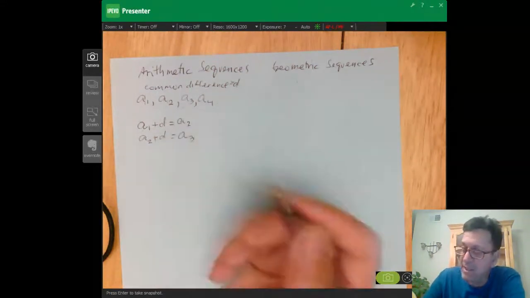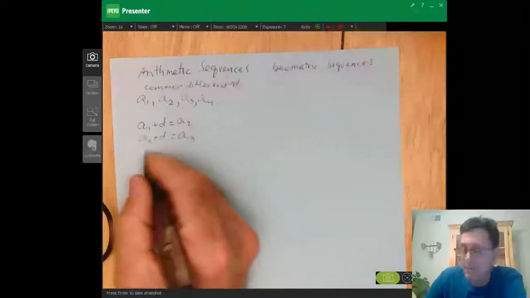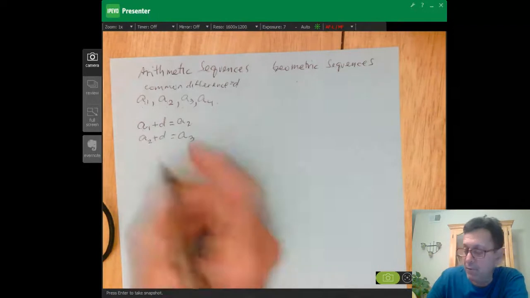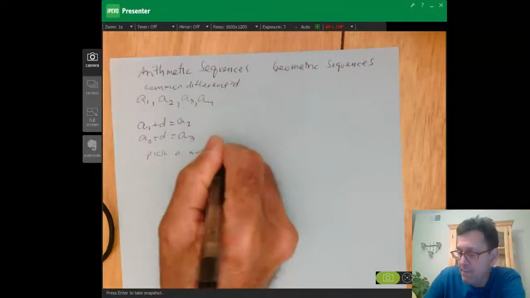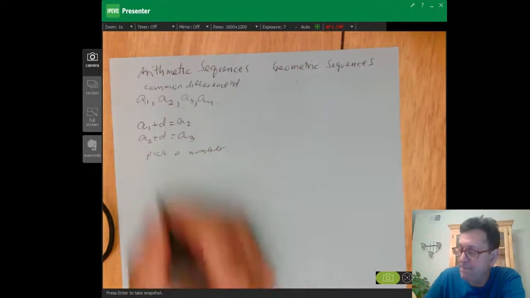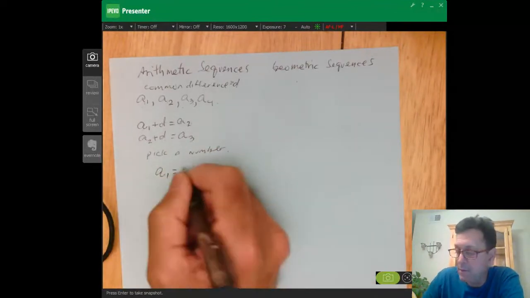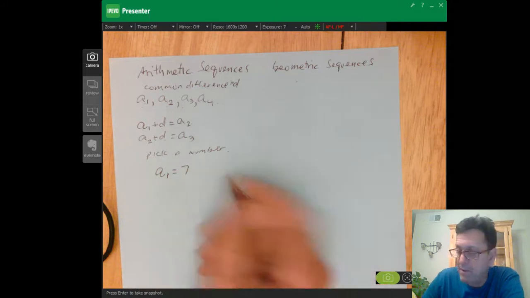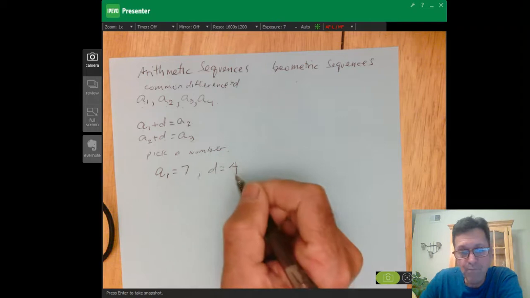So, we can make our own sequence by starting with a number. So let's pick a number. I'm going to say A sub 1 equals, I don't know, 7. Okay, and I'm going to say D equals 4.